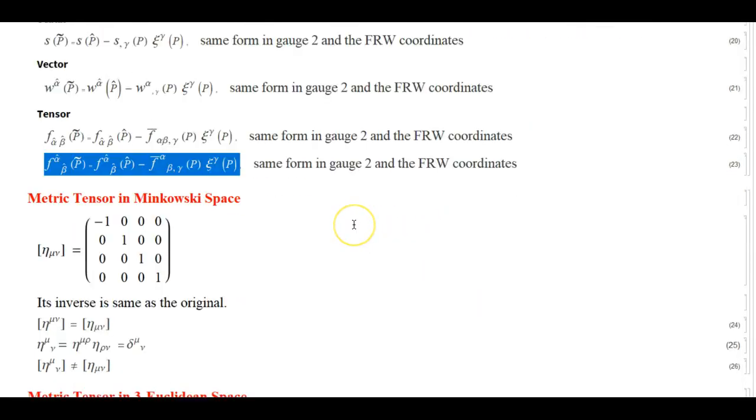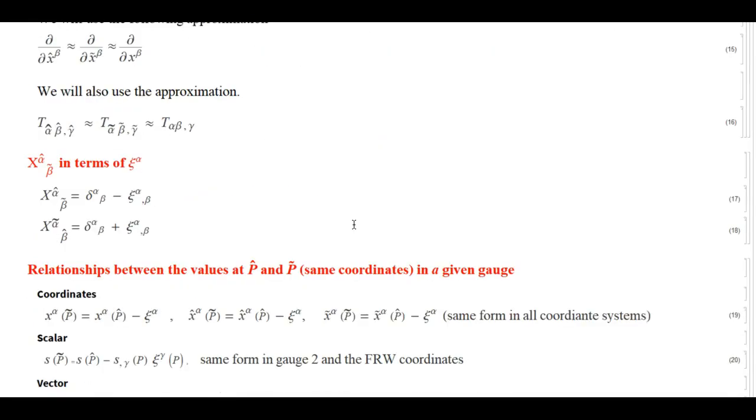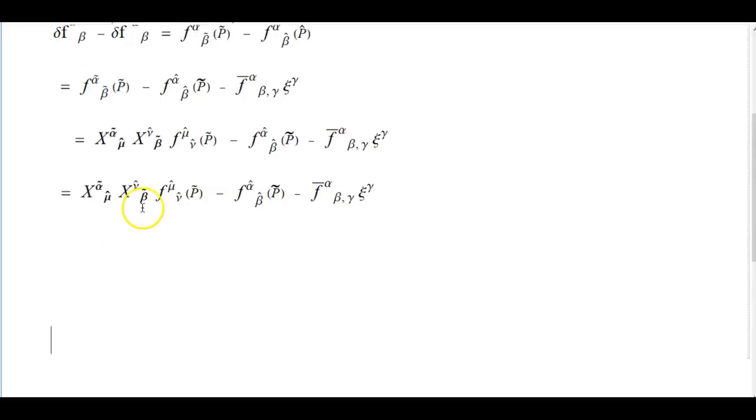So on the formula sheet, do we have the values? Yes. So with tilde on top and caret at bottom, I have this relationship. So this is the relation with tilde on top and caret at bottom.